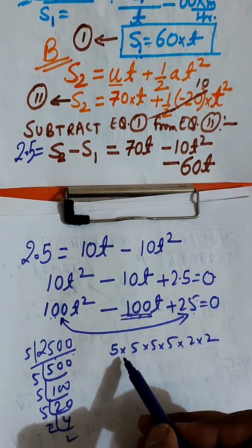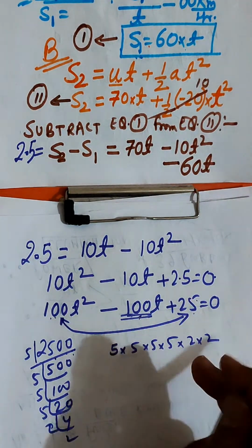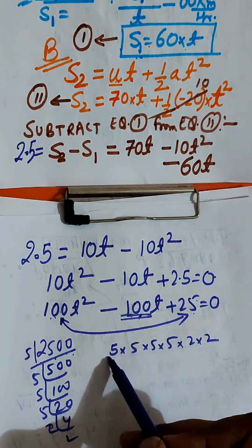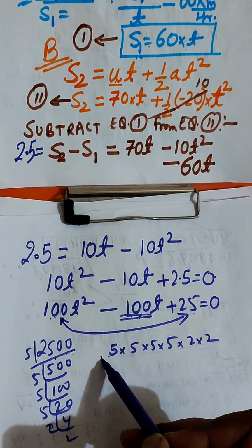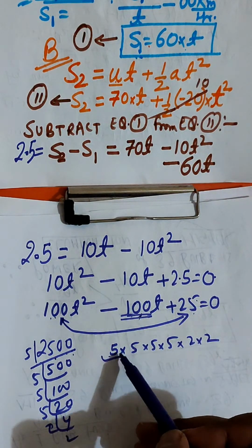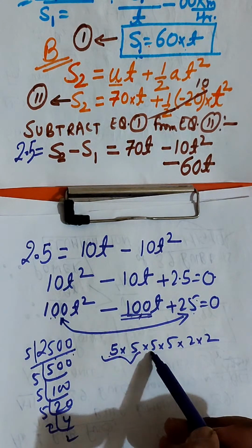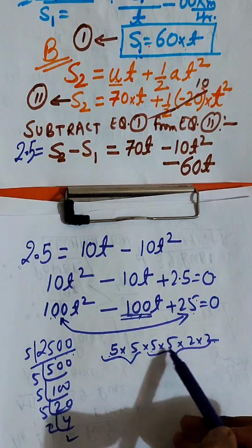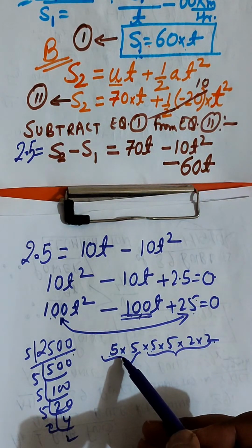Now just make a pair of two terms, because splitting the middle term means these factors are to be brought into pairs. So let's say if this is 5 into 5, 25, and another is 25 into 4, 100. 100 minus 25 will be 75. So this will not be the pair.